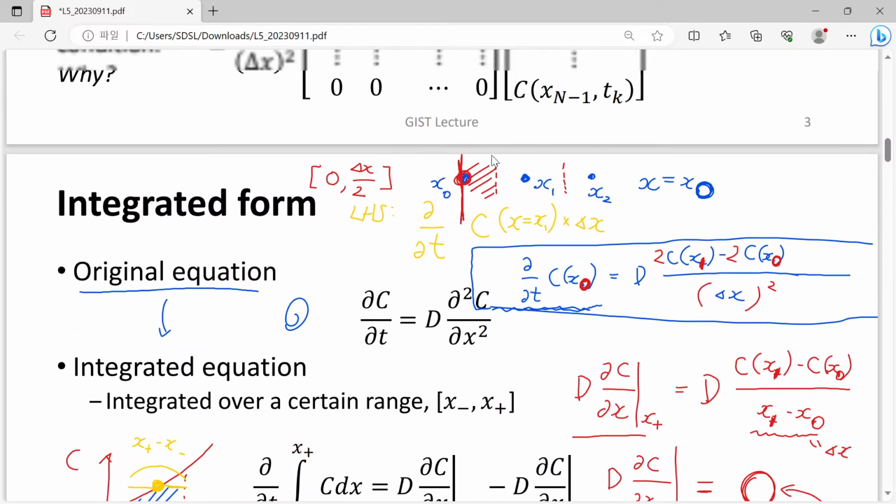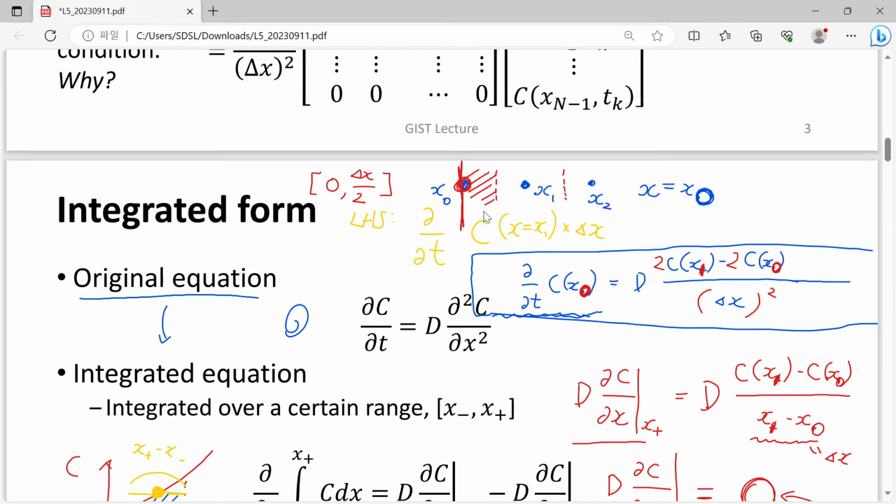Yeah, you're right. So we have reduced our integration range, and even in this reduced one, we need the flux at this point and that point. However, with the help of a boundary condition, we can eliminate the contribution from this leftmost flux.